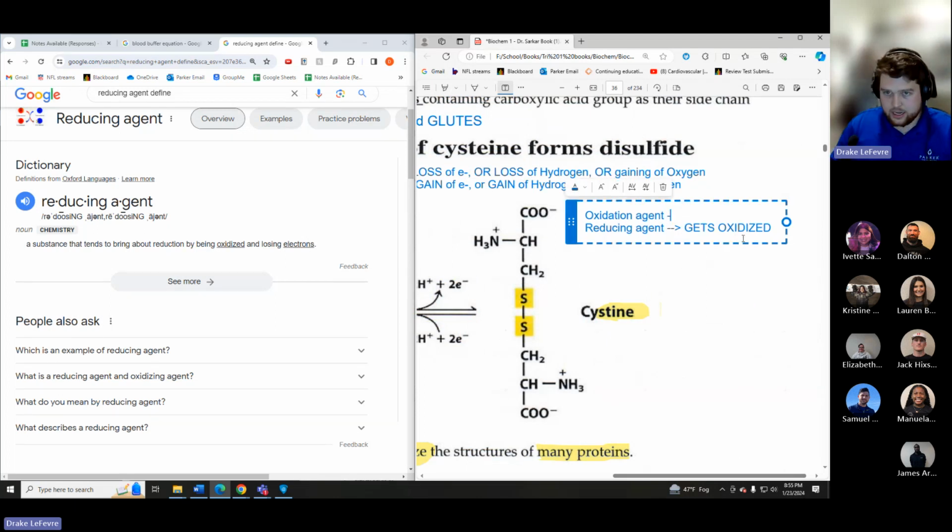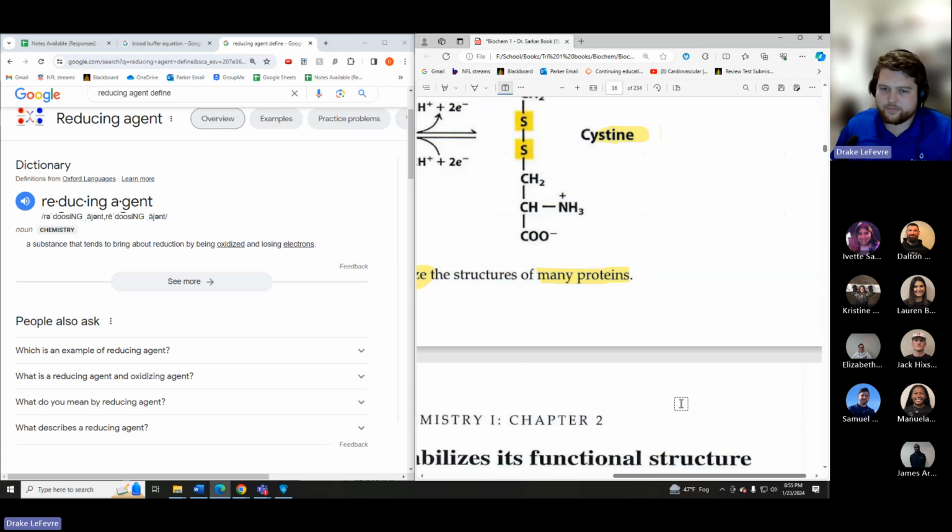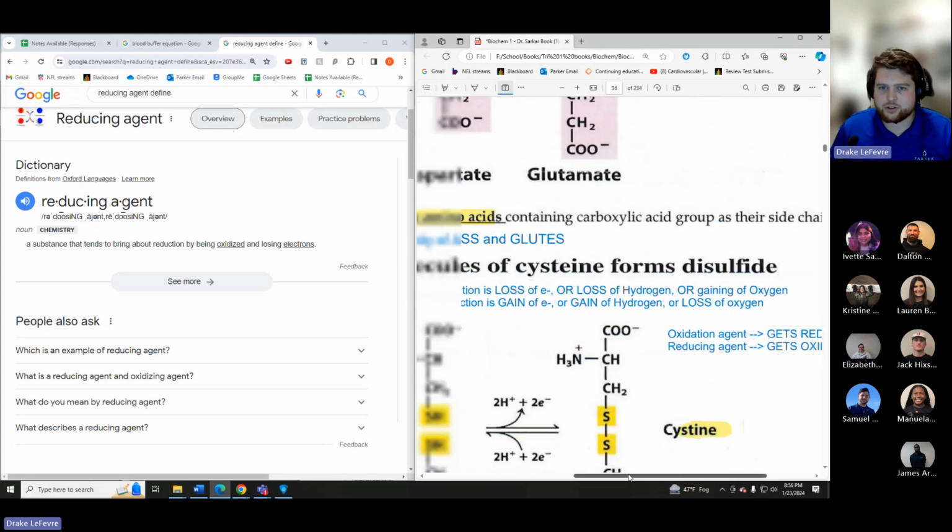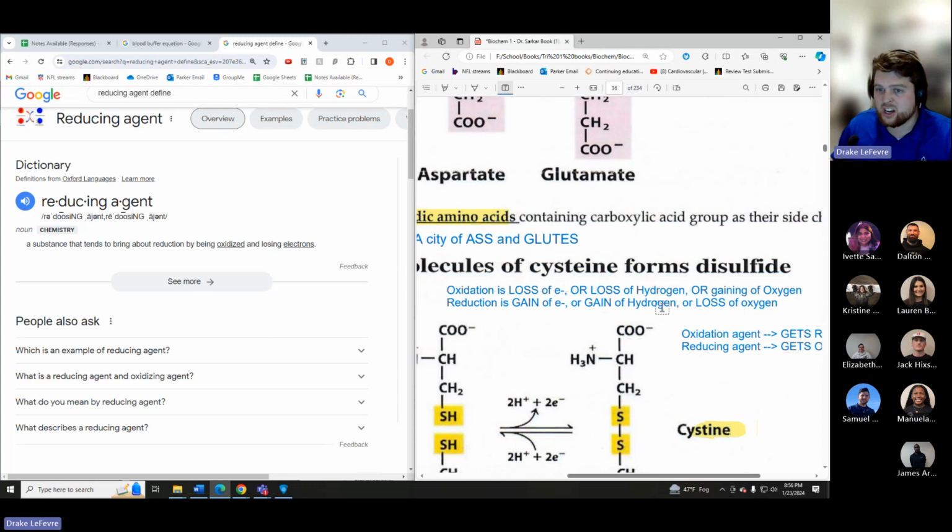So the oxidizing agent, what do we think happens to the oxidizing agent? It gets reduced. And what does reduction mean? It decreases. Okay, so it gains electrons, or it gains hydrogen, or it loses oxygen.